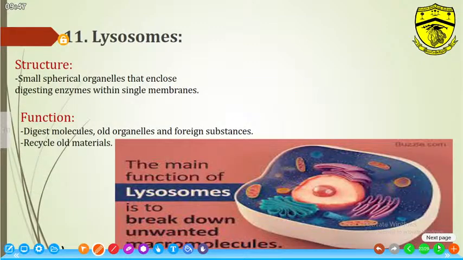Next one, the lysosomes. Lysosomes are present only in animal cells. They are very small spherical organelles that enclose digestive enzymes within a single membrane.